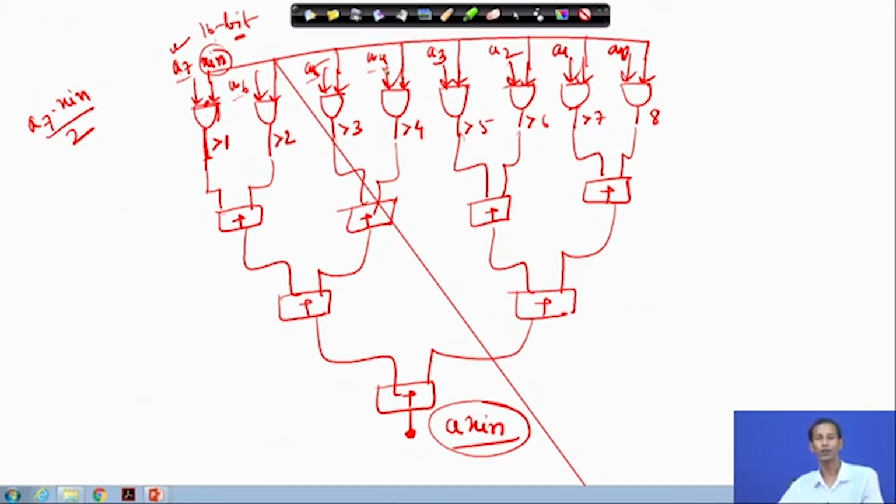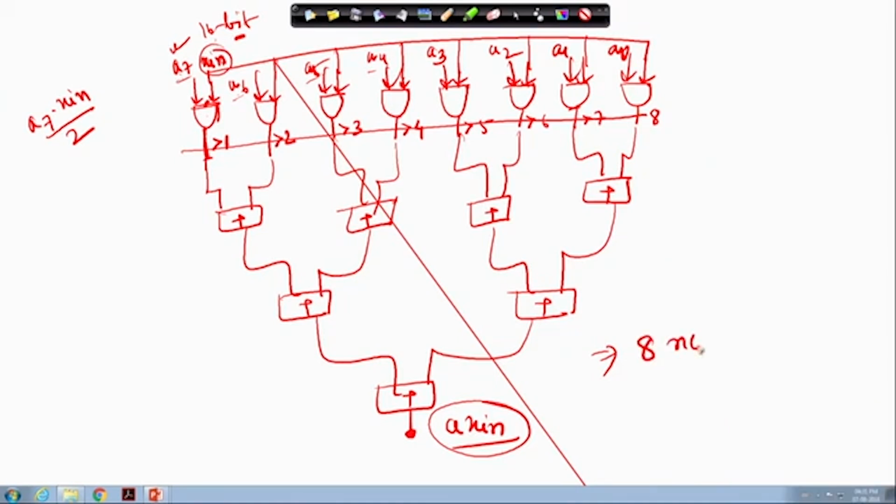So for A into xn, how many of these series of AND gate operations do I require? They are 8 in number. And for this summation, how many addition operations do I require? They are 7 in number.